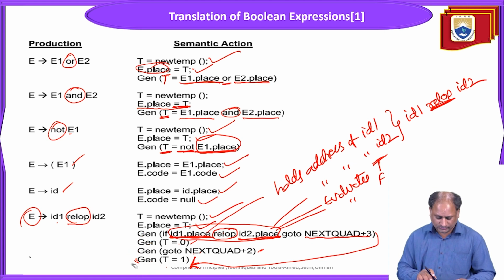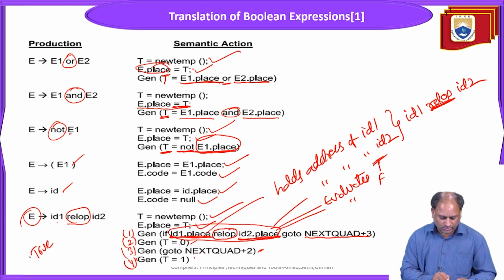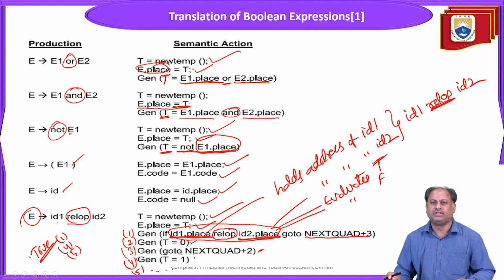So in the true case, out of the 4 steps 1, 2, 3, 4, if it is true, then the first statement will be executed, then quad plus 3, that means it will skip both 2 and 3 and go to 4 and 5 will be executed. That means 5 is the continuation of the remaining statements.